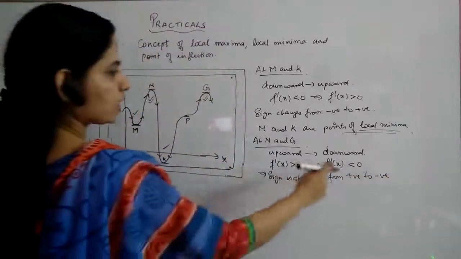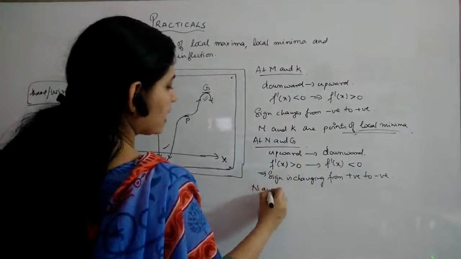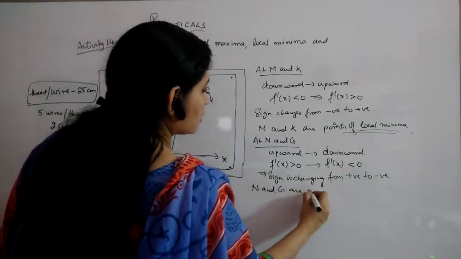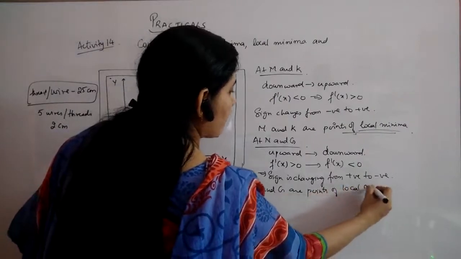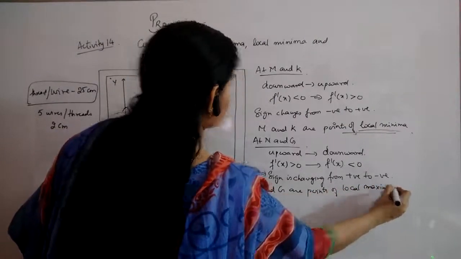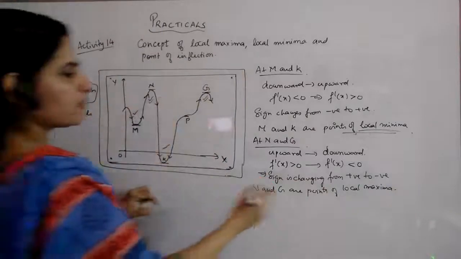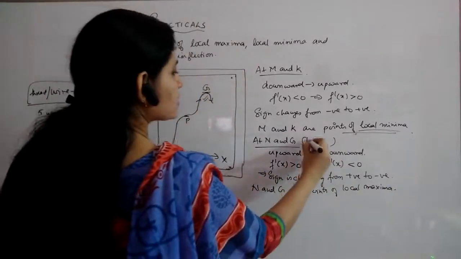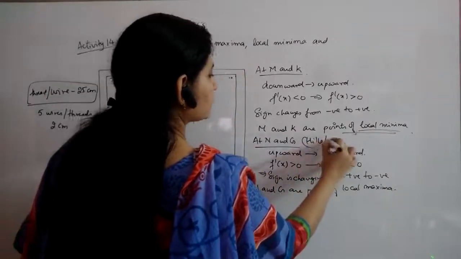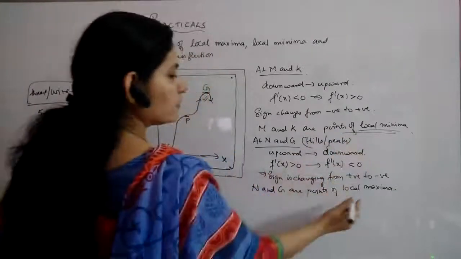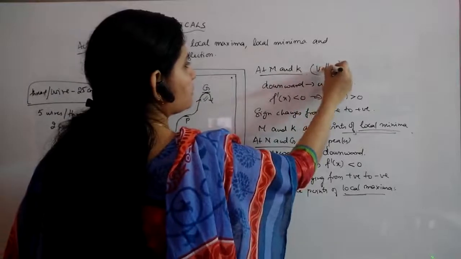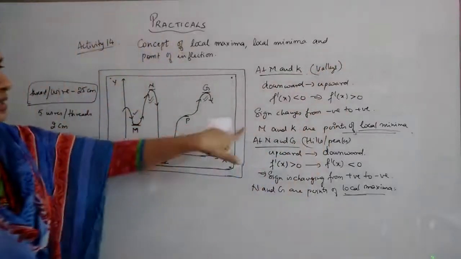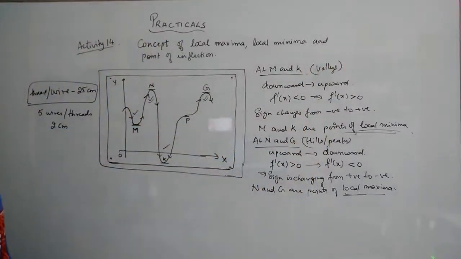When it is positive to negative, N and G are points of local maxima. Right? When you have hills or peaks, you have points of local maxima, and when you have a valley, they are points of local minima.